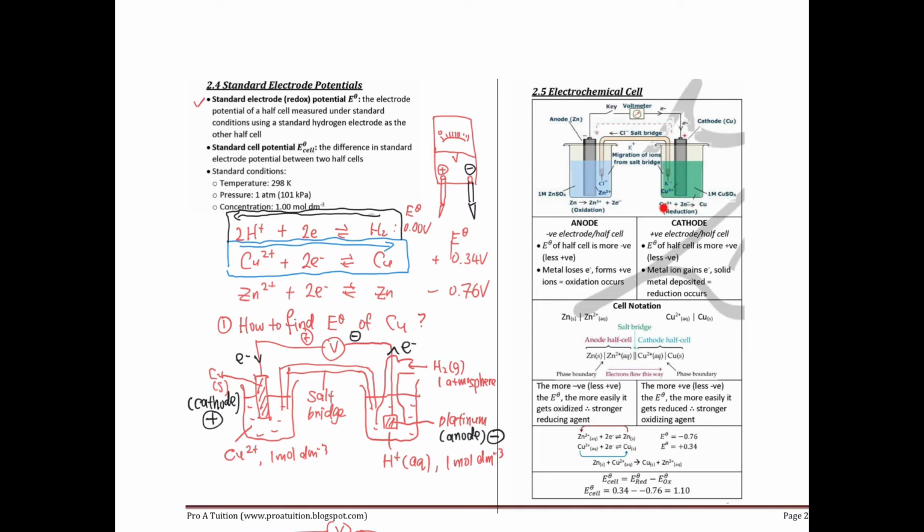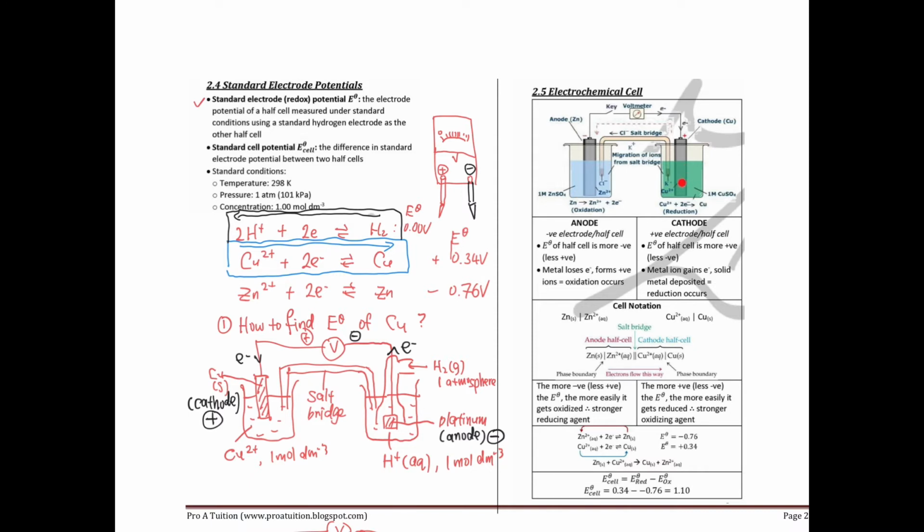At the same time, let's think about this. You have to know that Cu2 plus is a blue color solution. So the blue color solution keeps changing to copper atoms. The copper atoms will stick to the electrode to form a brown solid, brown metal, or we just call it brown solid.